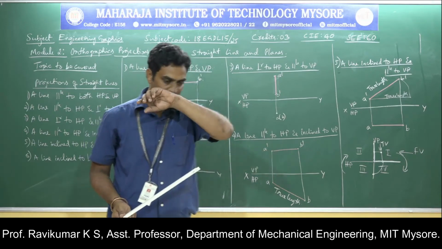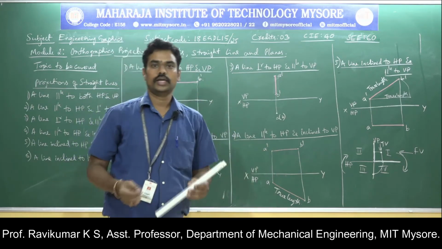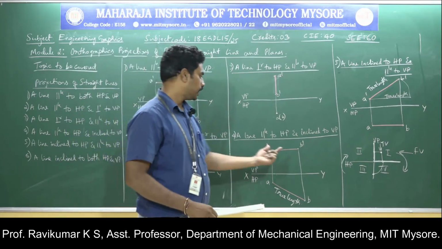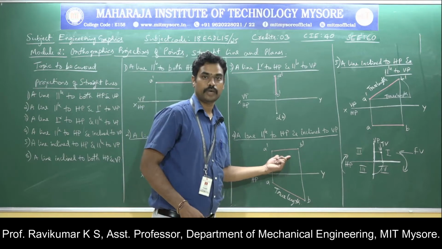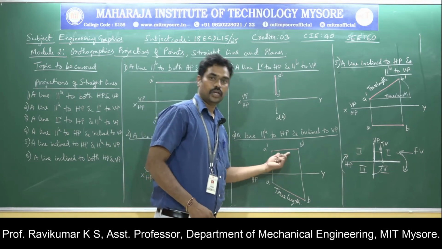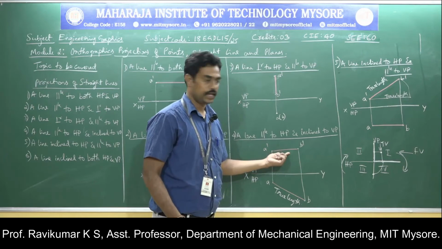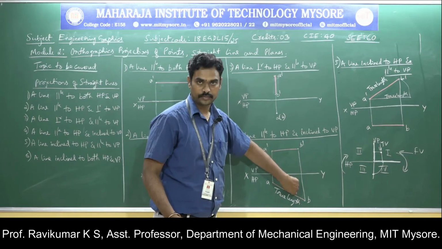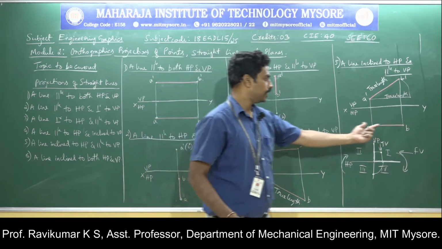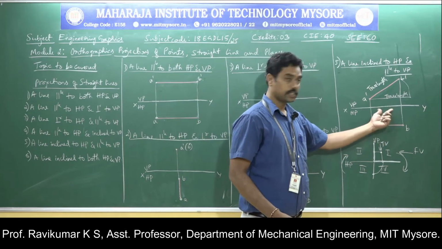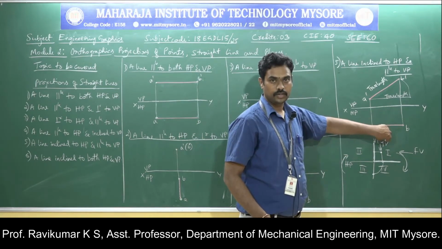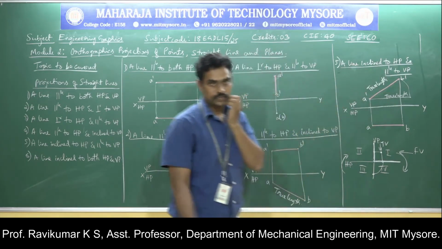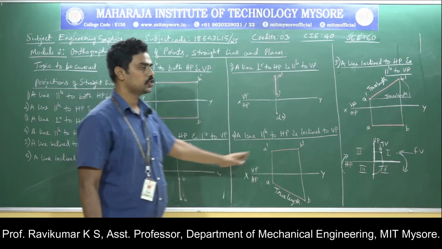From this concept, I can quote a key statement: if a line appears parallel to the xy line in one of the planes, then you will get the true length of the line in the other plane. I repeat, if a line appears parallel to the xy line in one of the planes, then you will get the true length of that line in the other plane. That is the key statement I can extract from these two cases.